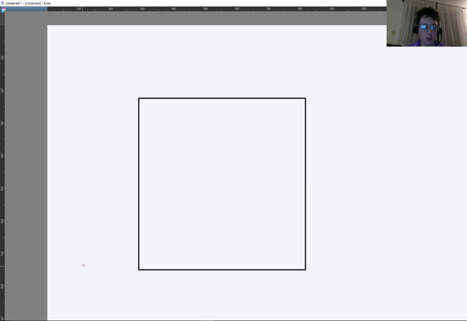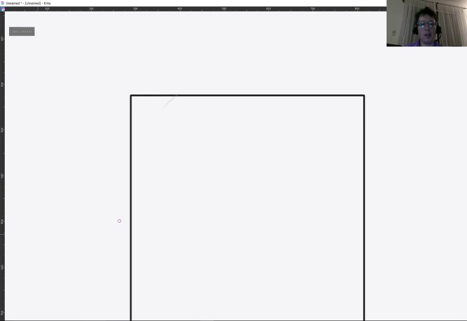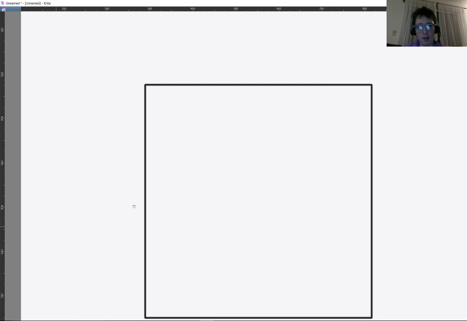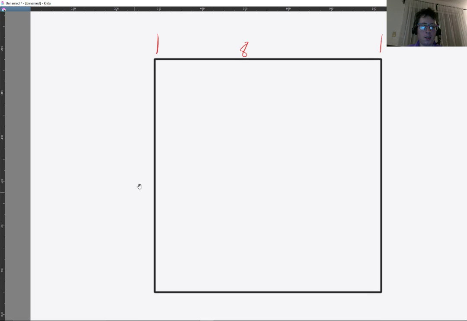So, if you recall from grade school, there are a couple things that distinguish a square. Number one is that each side is equal length. So from here to here, we'll say that is, let's call it something that's easily divisible, like 8 units, right?